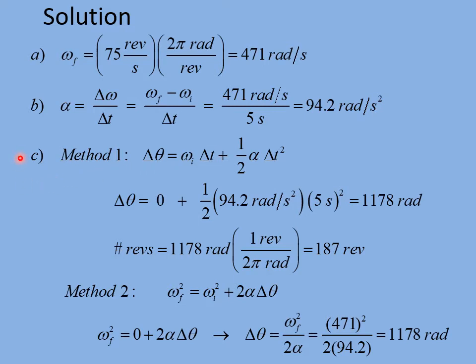Part C asked, how many total revolutions does the wheel make during this 5-second race? There are 2 ways to do this problem. Again, we often see in physics that there's more than one way to solve a problem. The first method uses the displacement formula: the angular displacement, delta theta, is equal to the initial angular speed, which is 0, so that term cancels, and we get 1/2 alpha t squared.